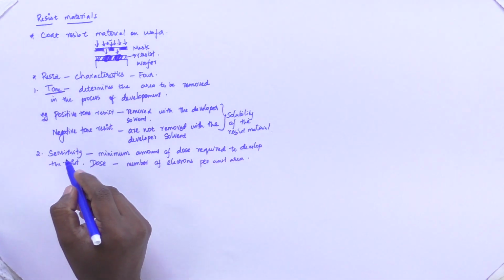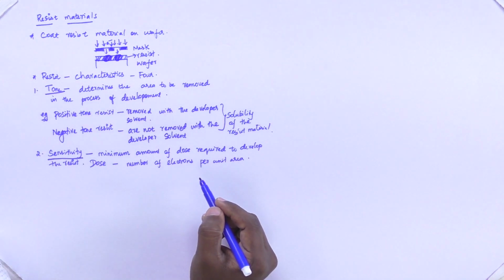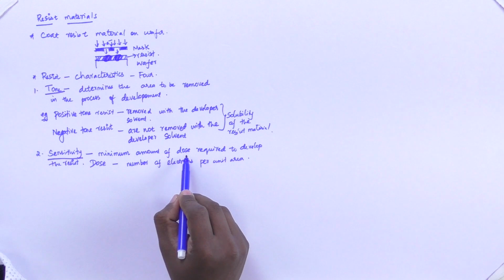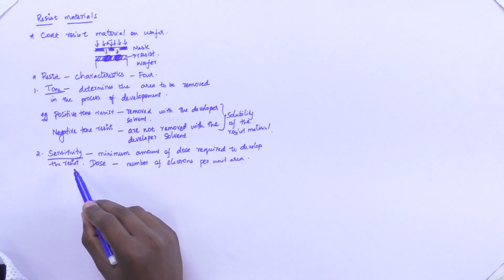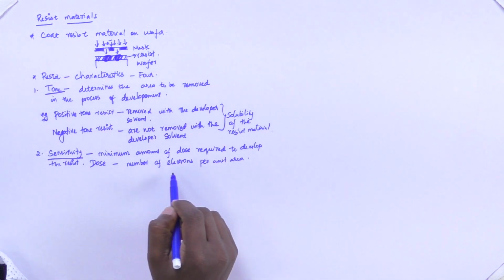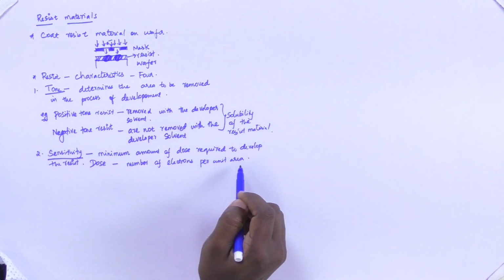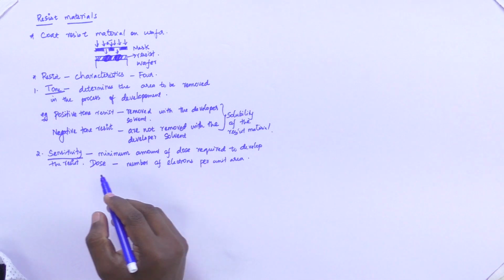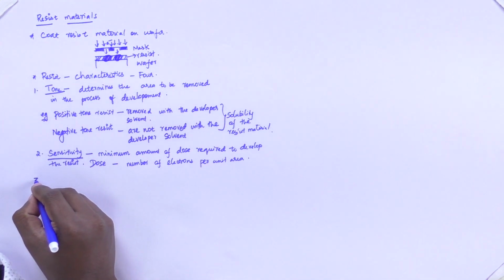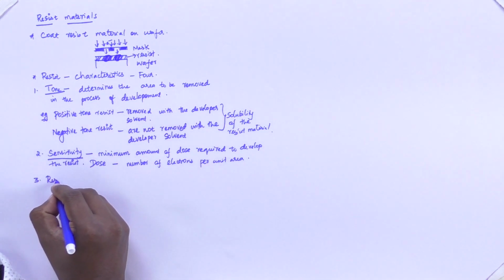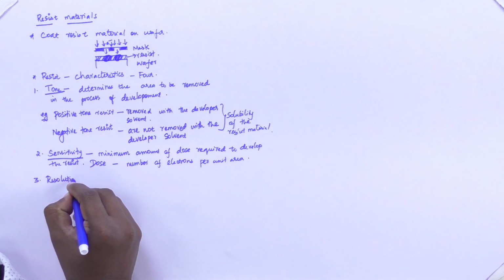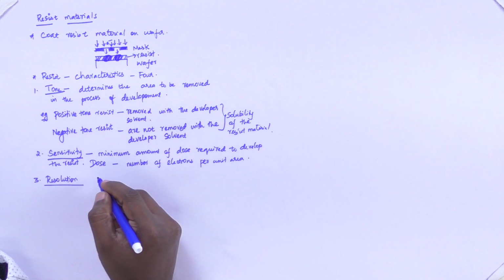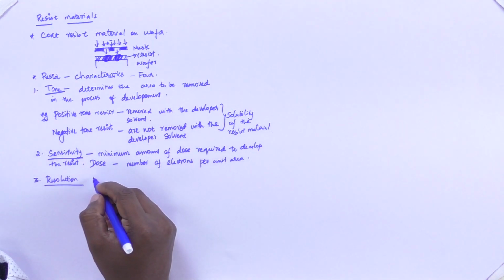So the first one you need to look for is the tone, and the second one is the sensitivity. Sensitivity, as I told, is the minimum amount of dose which is required to develop the resist. The dose is nothing but the number of electrons per unit area which is required to develop the given resist. Then the third one is resolution. Resolution is nothing but the clearness of the resist developed.